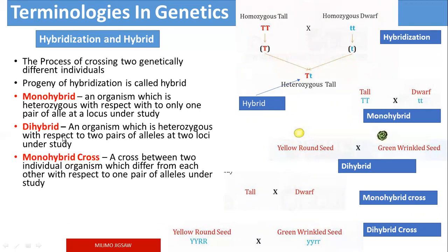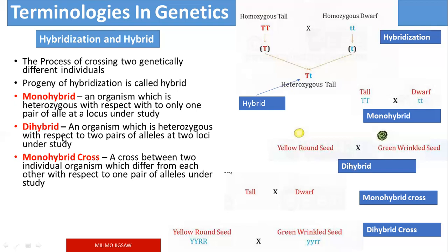And then we have what is known as a monohybrid cross. A monohybrid cross is simply a cross between two individual organisms which differ from each other with respect to one pair of alleles under study.